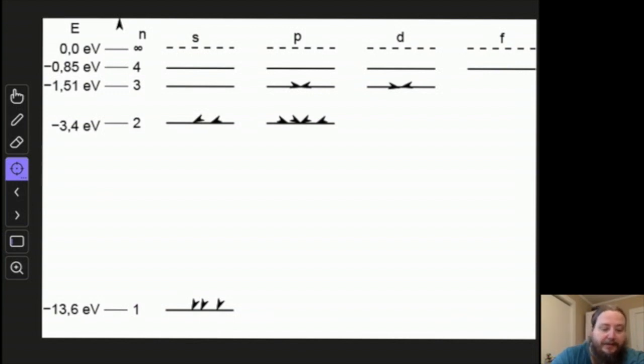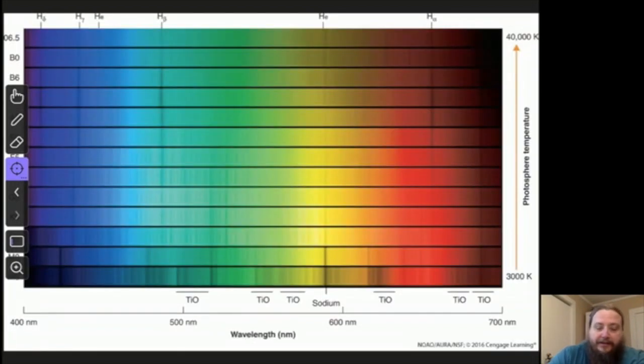So the reason that the absorption lines of hydrogen peak at about 10,000 Kelvin and then die off as you go hotter is not because of the population by the Boltzmann factor, but because ionization of hydrogen becomes a dominant force.